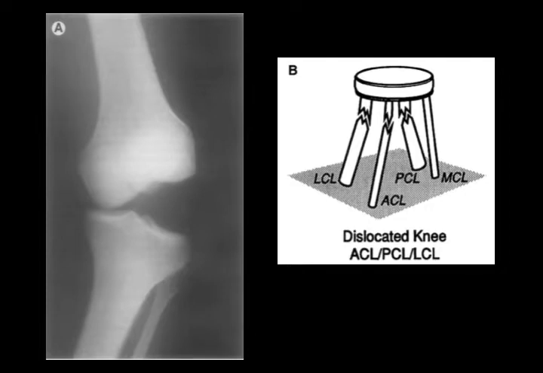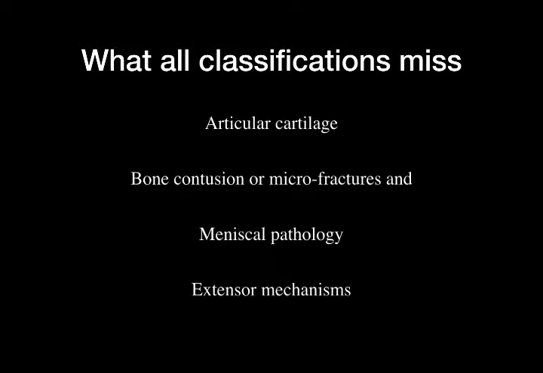This is a famous picture from the original article of Schenck, where he compared the knee with a chair with its four legs, and at least two of its legs must be injured for a knee to be dislocated. There have been many attempts at classification, and to date the Schenck anatomical classification is considered to be the perfect one.